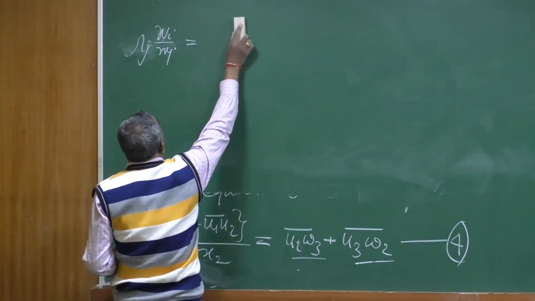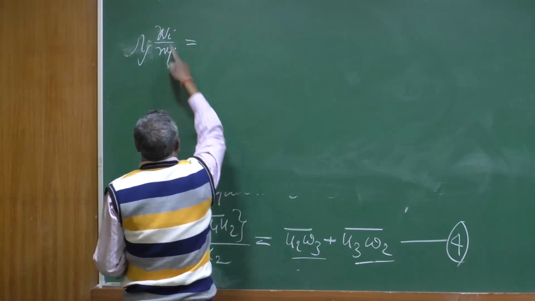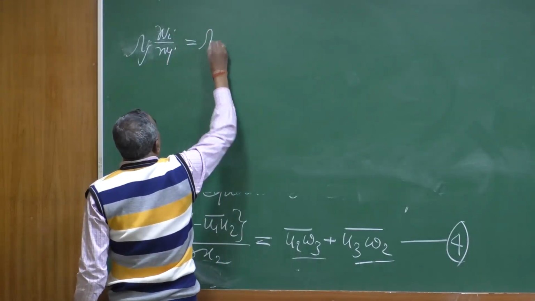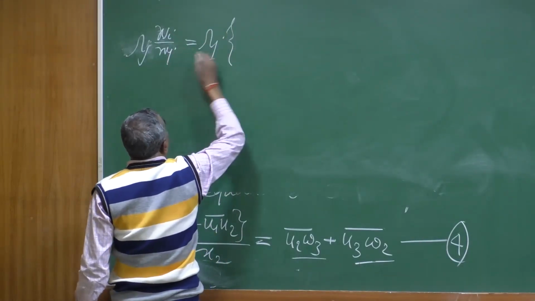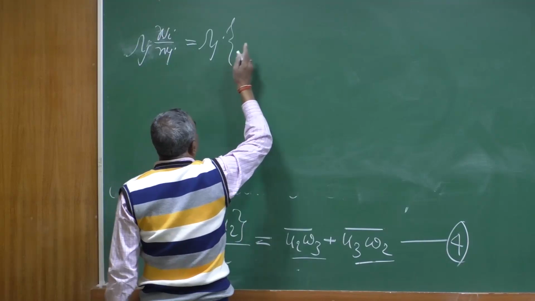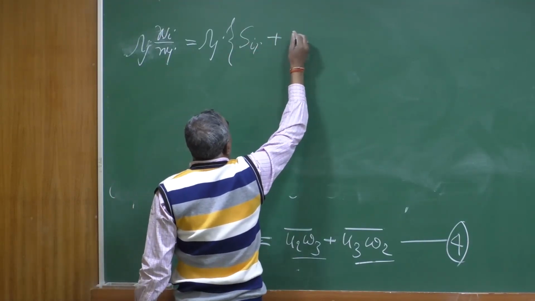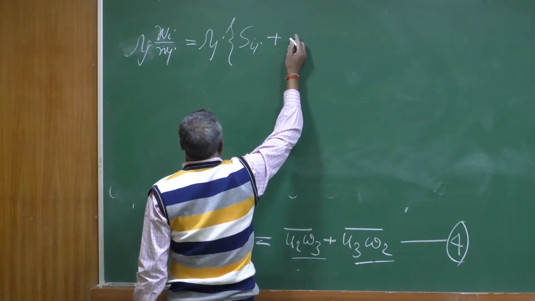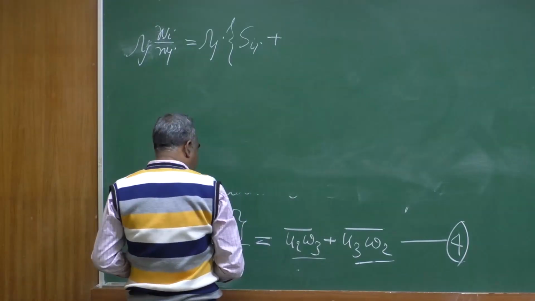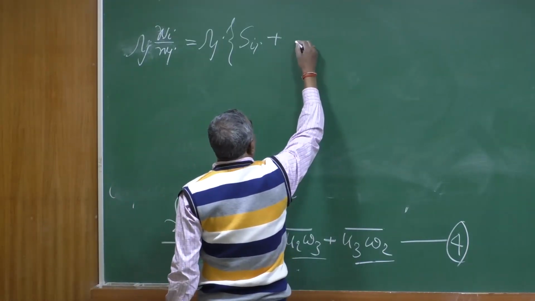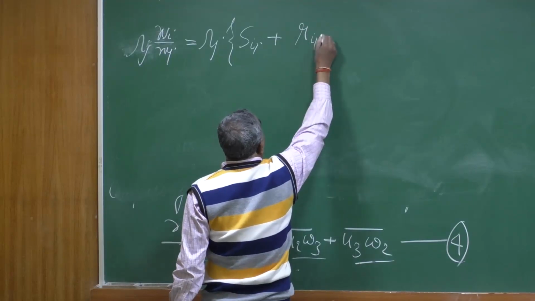This particular part can be divided into two parts: the strain rate tensor capital S I j plus the rotation tensor, let us say R I j.